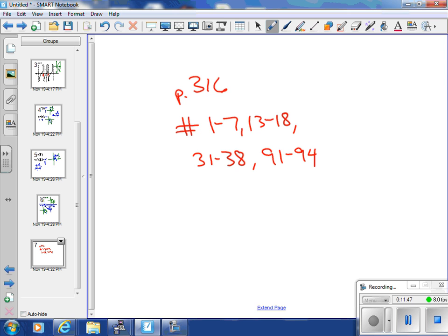Now I believe the ones in here that we definitely need a calculator to do are problems, where are they? 13 through 18? Yes. 13 through 18, you must use a calculator for those. Everything else technically could be done without a calculator. Good luck.